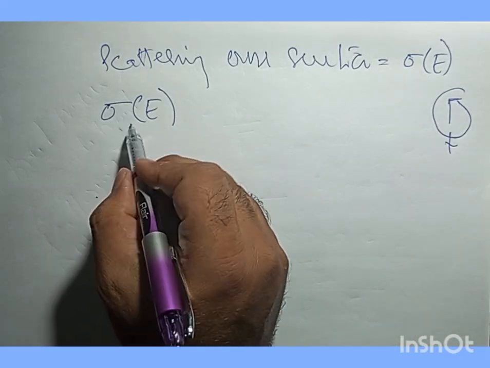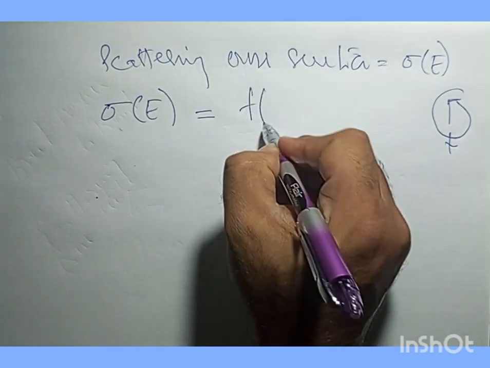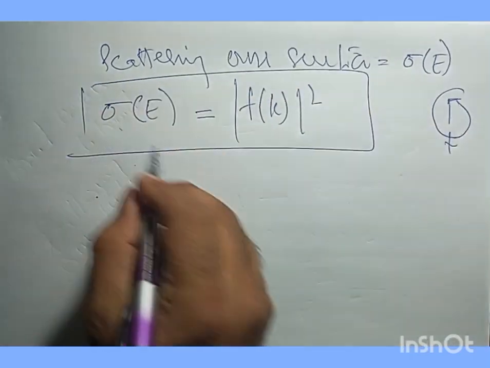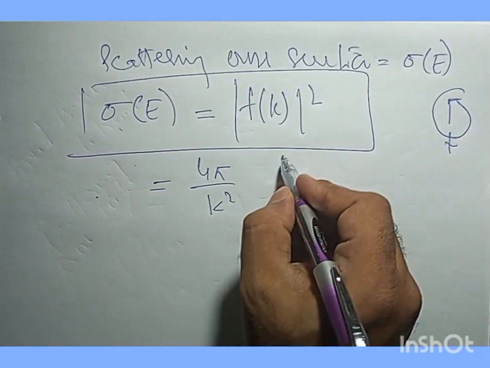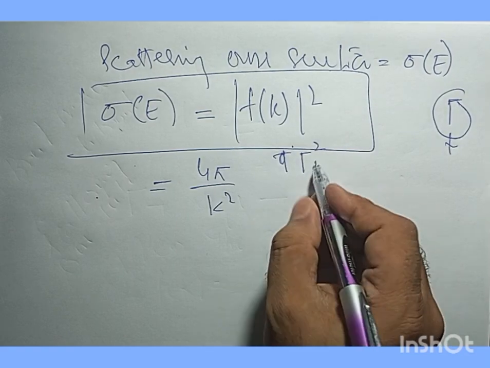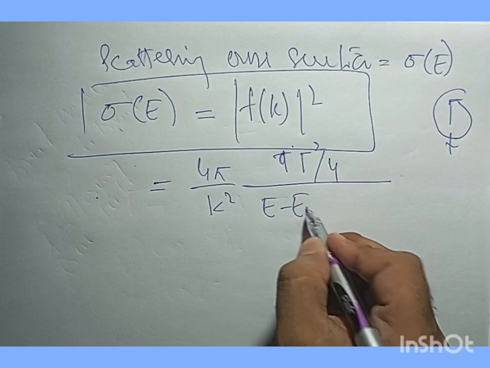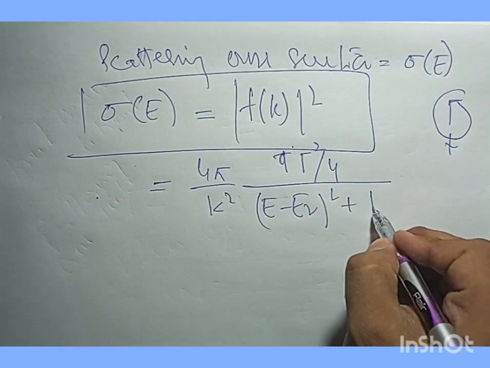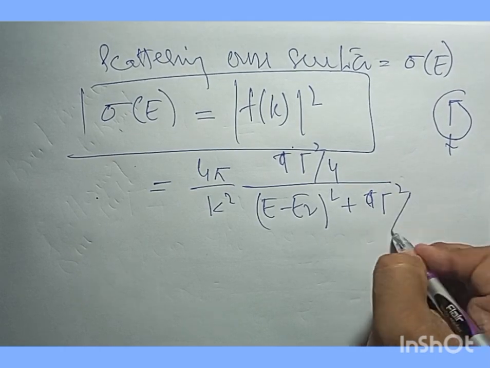What is this sigma? It is basically f of k whole square. When calculated, we have 4 pi by k square, then resonance width square by 4, divided by E minus ER whole square plus resonance width square by 4.